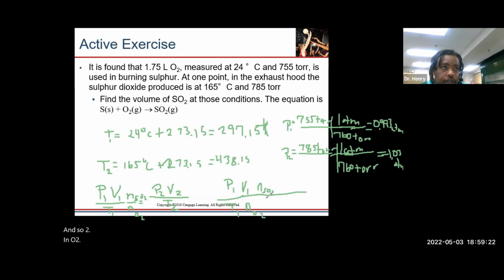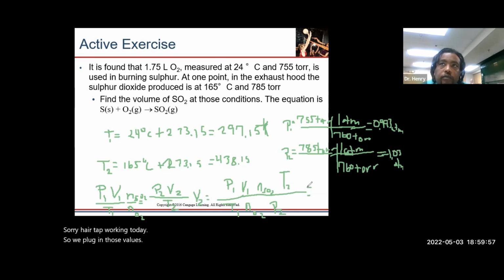And this is P2 over T2, and that's going to equal our V2. Sorry, that should be P2 down here, since we're looking for volume. Sorry, my hands are half working today. So we plug in those values.